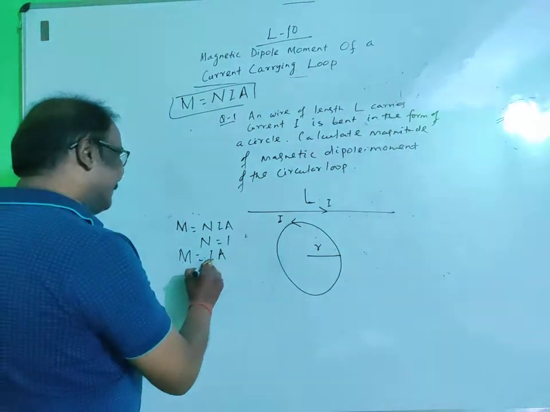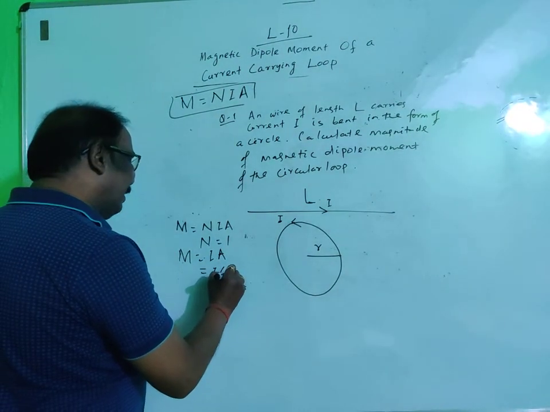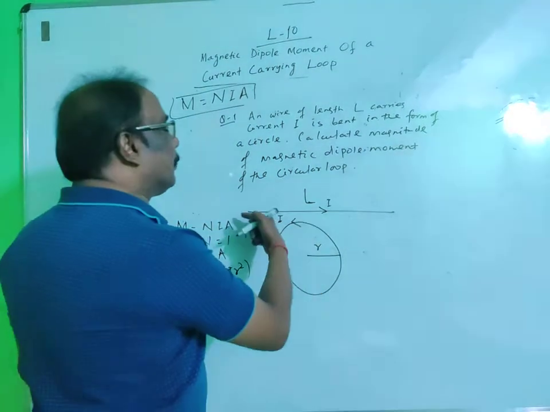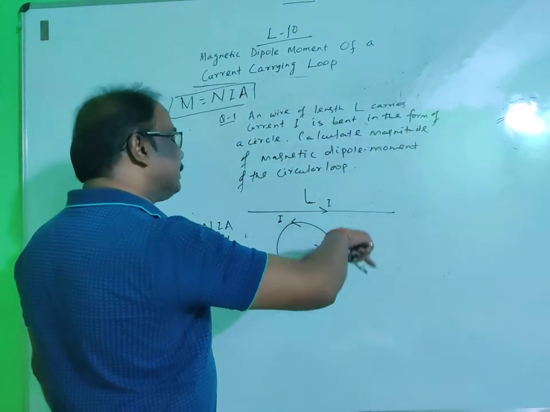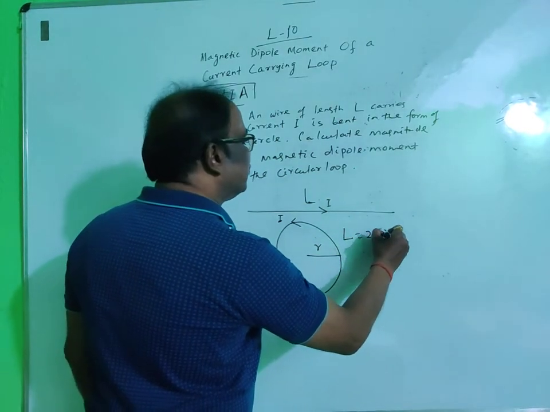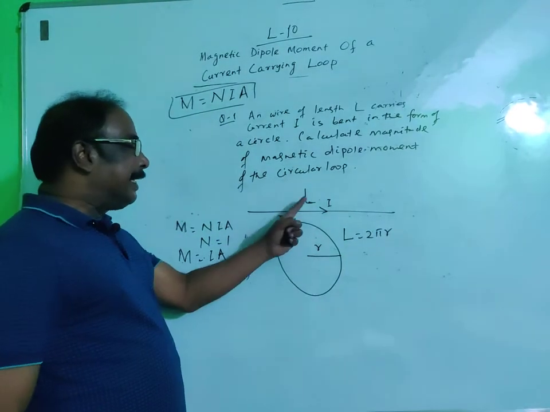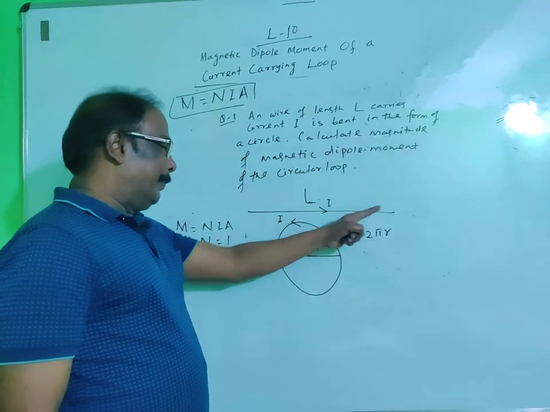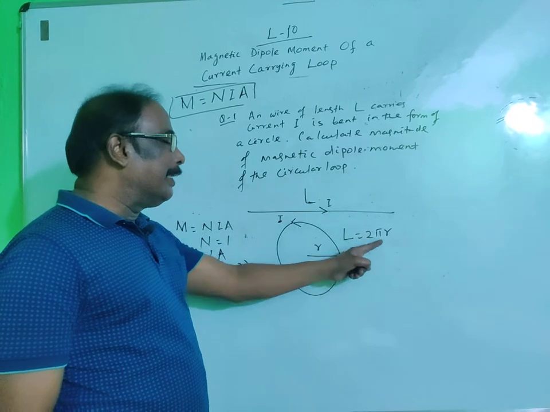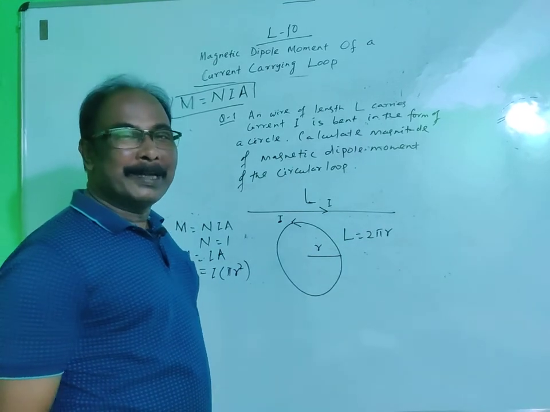So this may be written as I into, in place of area we can write pi r square. Then the total length of wire is bent in the form of a circle, meaning total length is equal to 2 pi r. The whole wire is bent in the form of a circle, so this total length is equal to the circumference of the circle, 2 pi r.